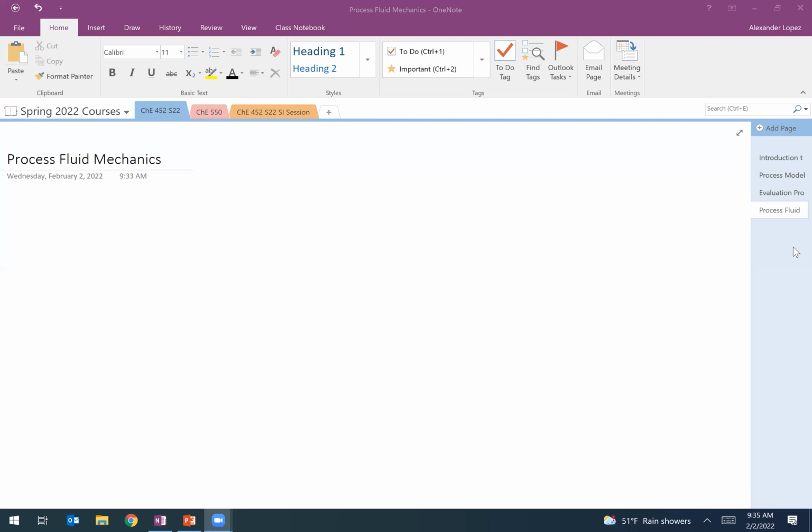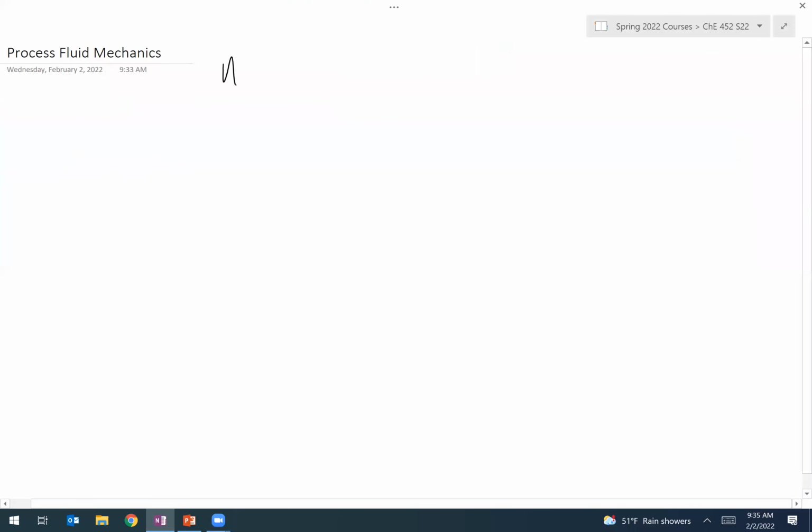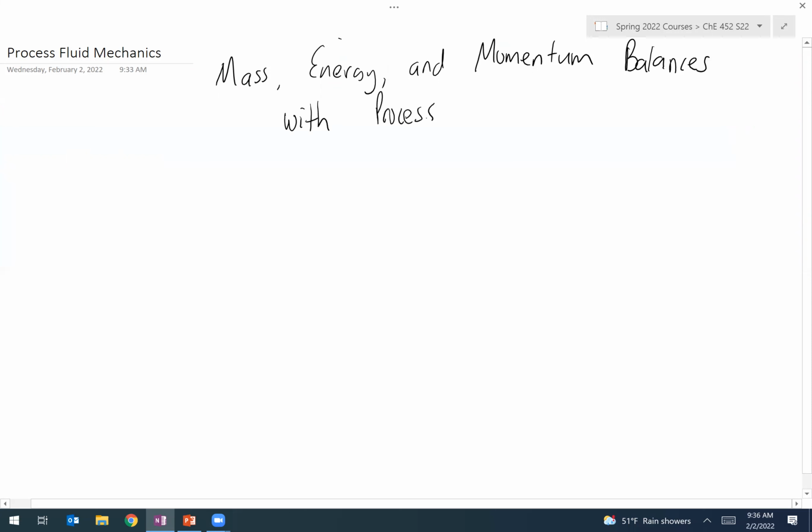We're going to be looking at mass, energy, and momentum balances within process fluid mechanics.